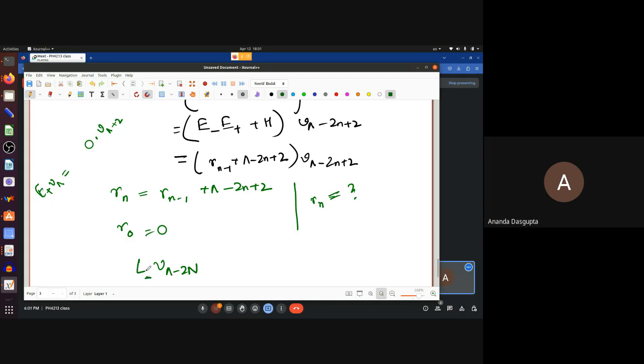So E minus acting on this, E minus V lambda minus 2N, what will that give you? That is 0. You can call this E plus E minus acting on this. That of course is trivial, but that's again E minus E plus.